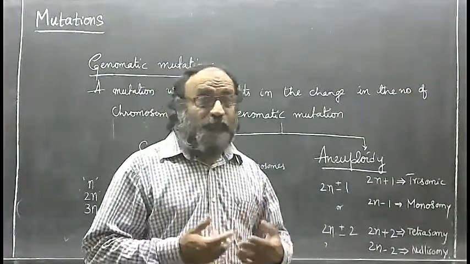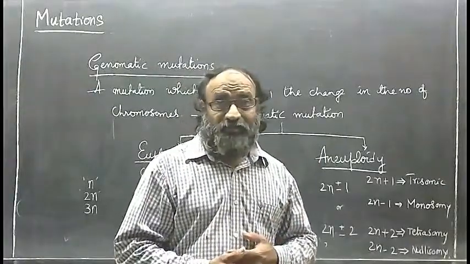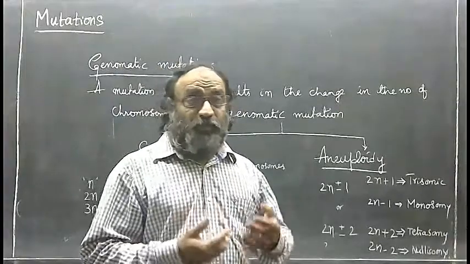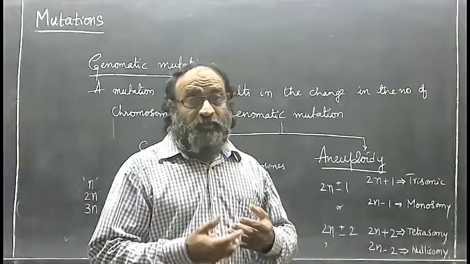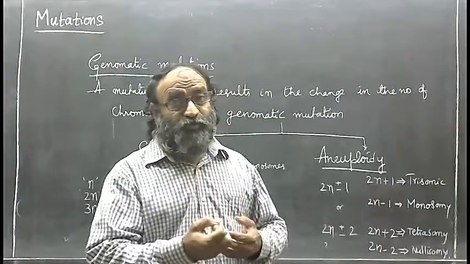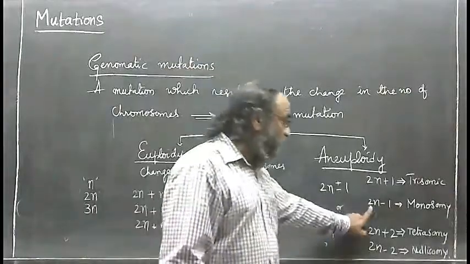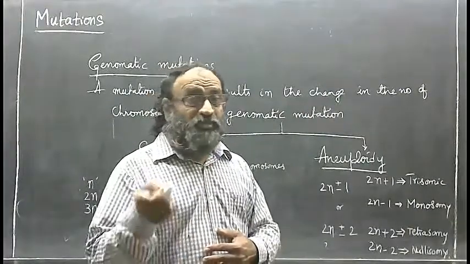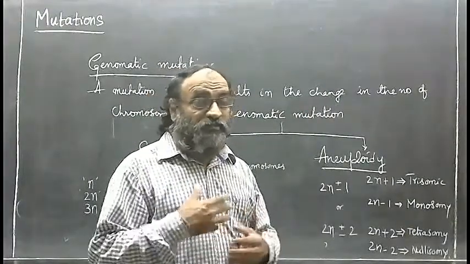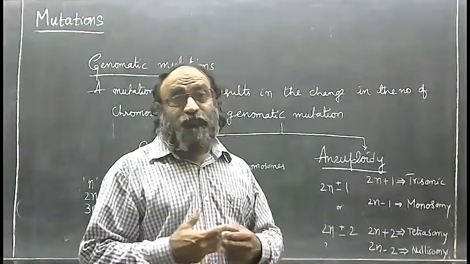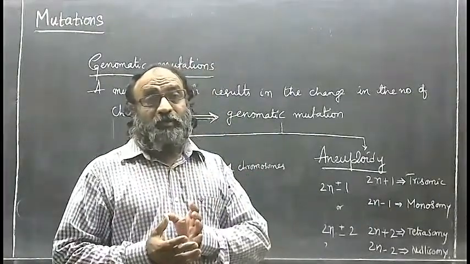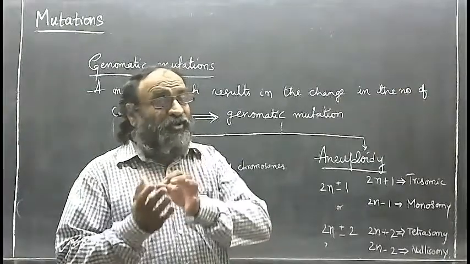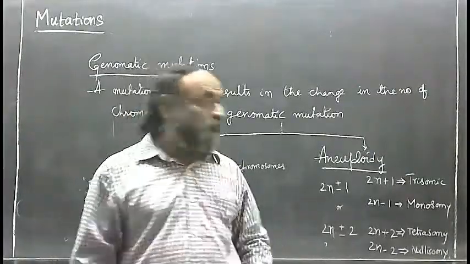Say, for example, Turner's female. There is another syndrome called Turner's female. In Turner's female, there is one X chromosome less. That is, it is a 2n minus 1 condition. The Turner's female, instead of 46 chromosomes, has 45 chromosomes, and it is the result of the deficiency of one X chromosome.